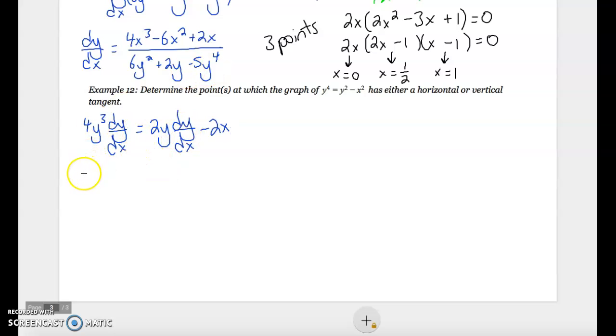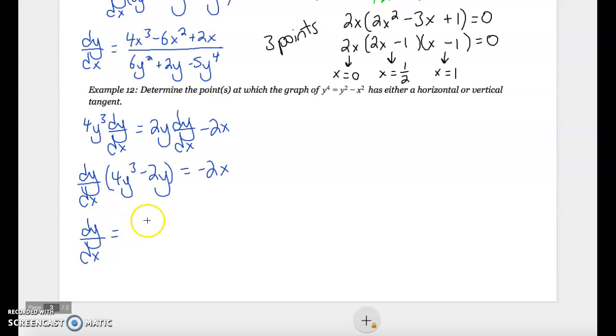Move that dy/dx over and then pull out a GCF, so we'd have dy/dx times (4y cubed minus 2y) equals negative 2x. So then our first derivative would be negative 2x over 4y cubed minus 2y.